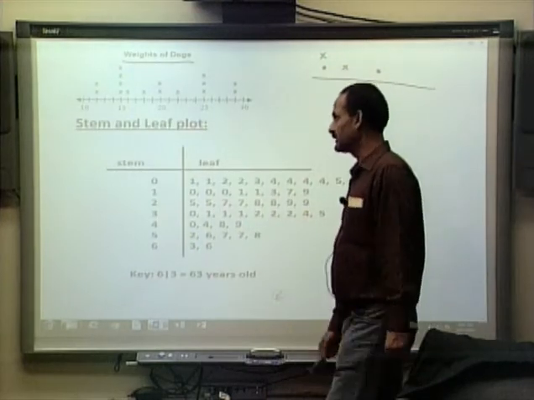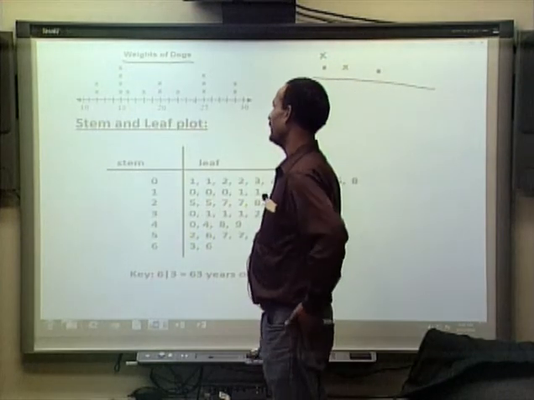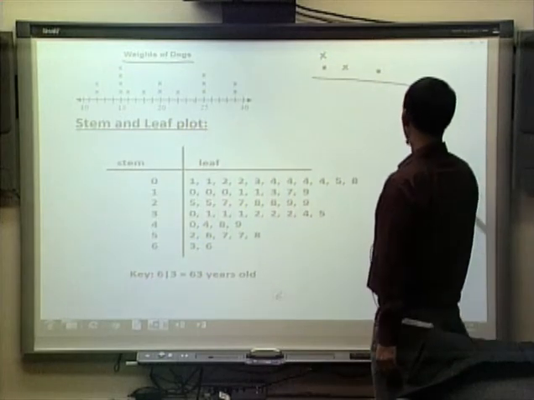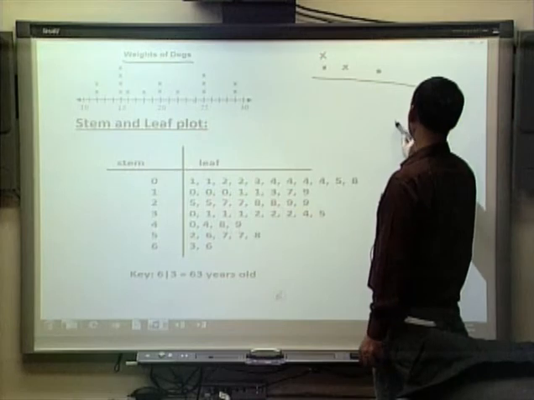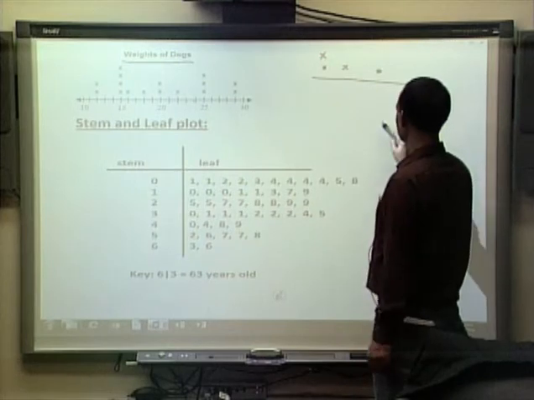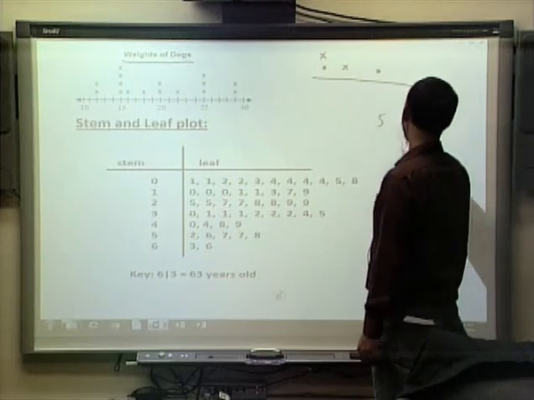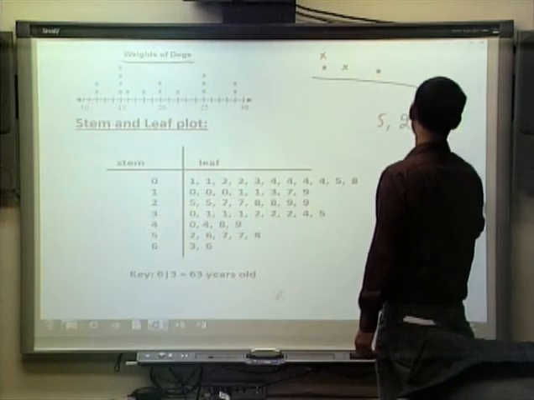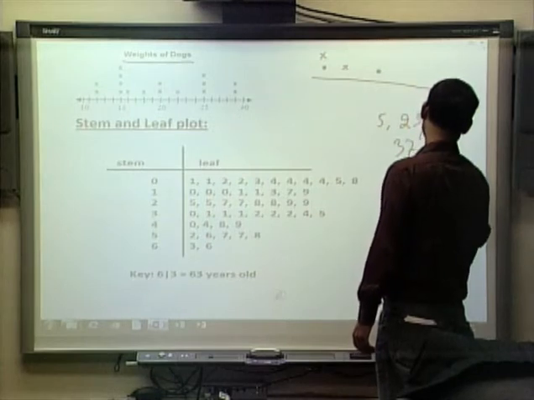Another graph that we use in statistics is called stem and leaf plot. In stem and leaf plot, let us say we have numbers like, one of the observations is 5, then 25 and 35 and 37, 38, something like this.